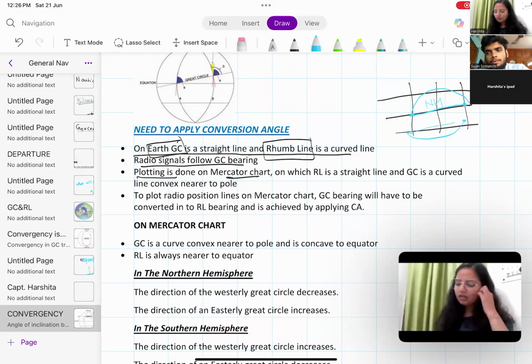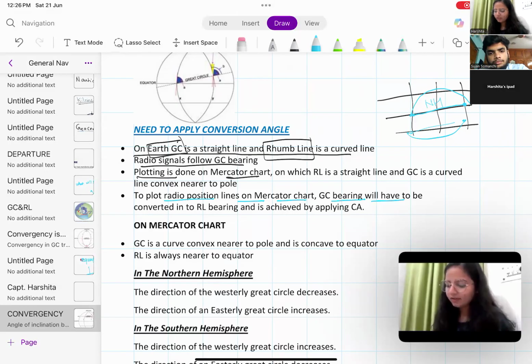To plot radio position lines on Mercator chart, great circle bearing will have to be converted into rhumb line bearing, which is achieved by applying the conversion angle.